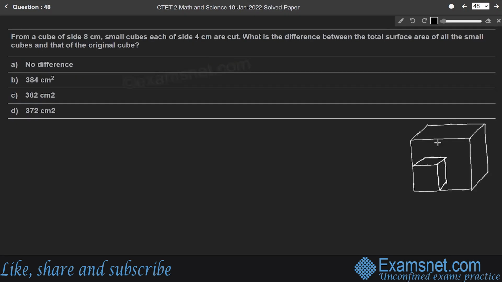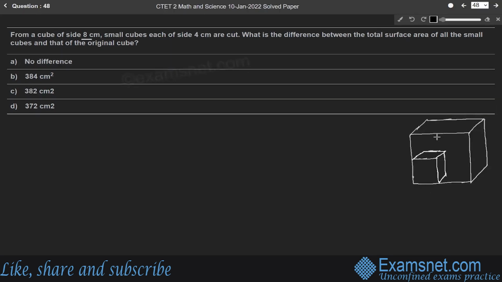Question 48. From a cube of side 8 centimeter, small cubes each of side 4 centimeter are cut. What is the difference between total surface area of all small cubes and that of the original cube? Here, cube of side 8 centimeter. From that, small cubes each of side 4 centimeter are cut. So what is the difference between total surface area of all small cubes and that of the original cube?